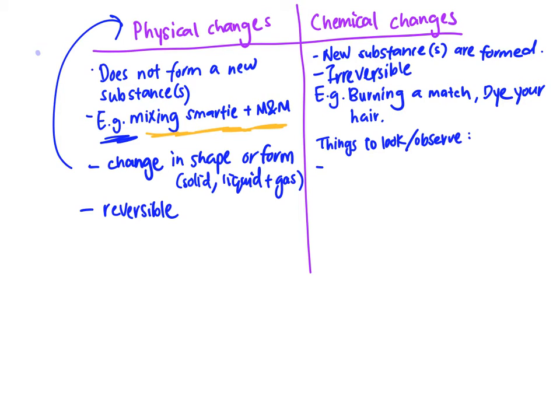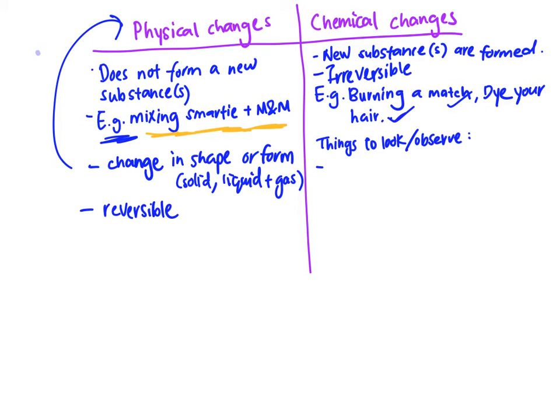So this involves burning a match or dyeing your hair. If you burn a match, obviously it will never go back to the original match again because you burned it. Dye your hair, you can argue that you can dye it back to a different color, yes, but that still means you undergo a different sort of chemical change.